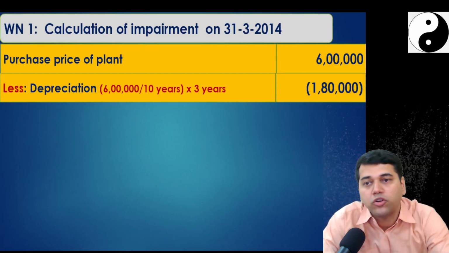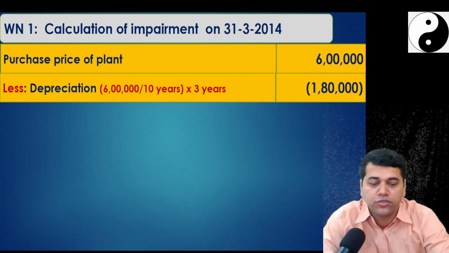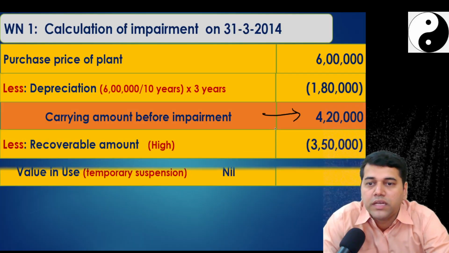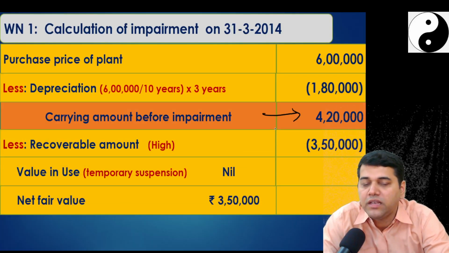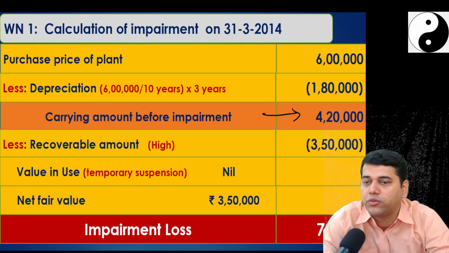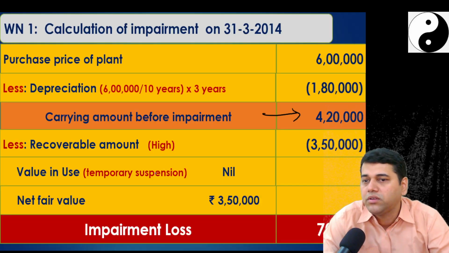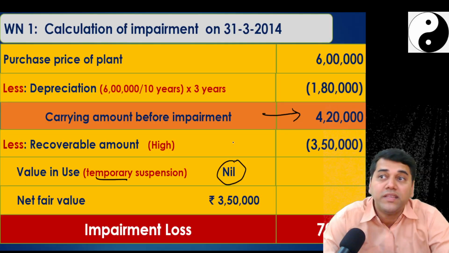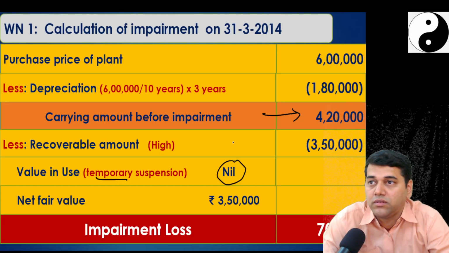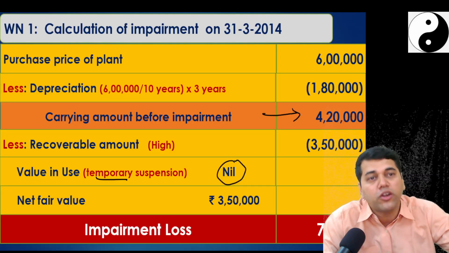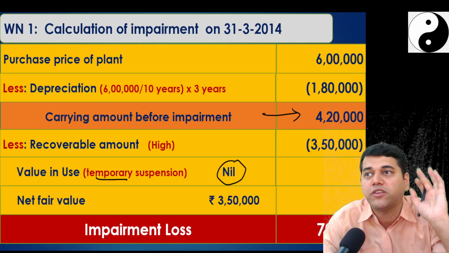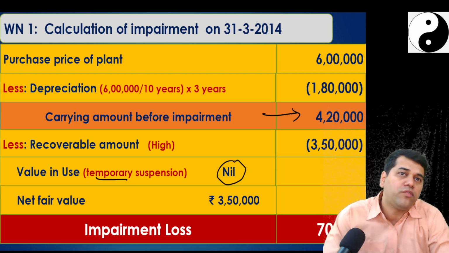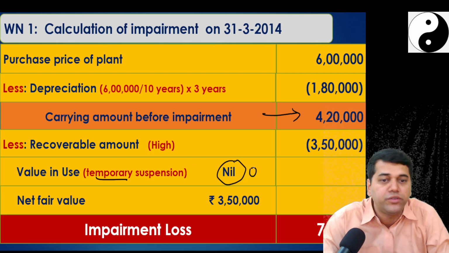Thus, the impairment cost calculation will be: you say that WDV is 4.2, recoverable amount, value in use is nil, net fair value is this. They didn't give it. Since it is temporarily suspended, you will not be able to estimate it, but that does not mean it does not have a value in use. Since you are not in a position to make a reliable estimate of the value in use, for comparative sake you can assume it to be 0.